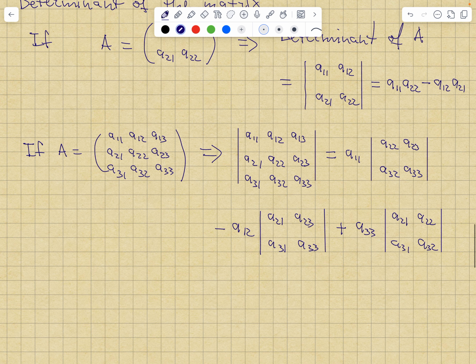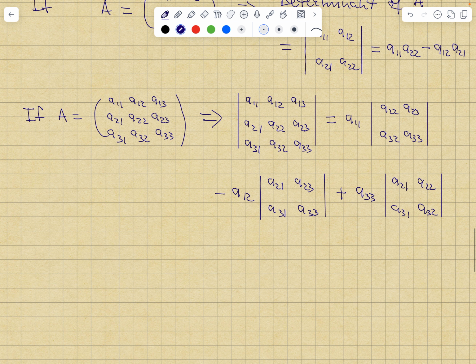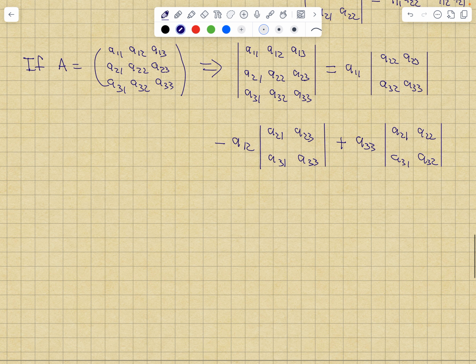Well, so let's do a couple of examples. Let's say I want to find the determinant of 1, 3, minus 1, 2.